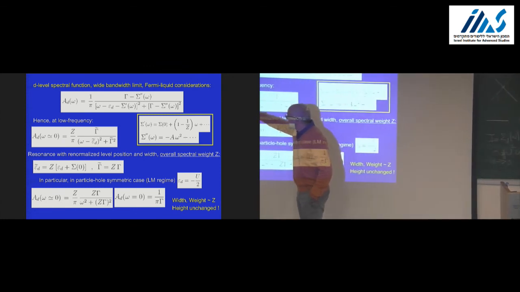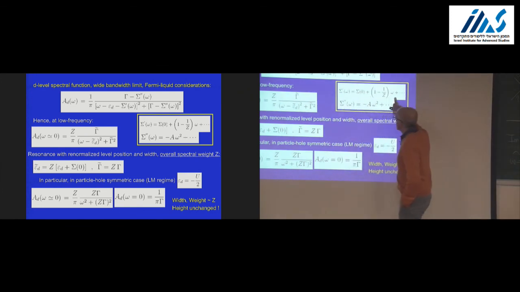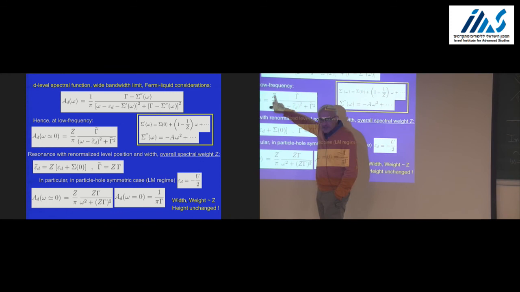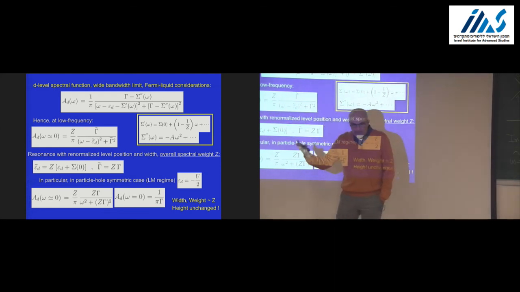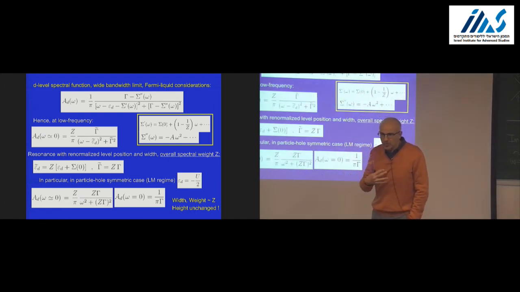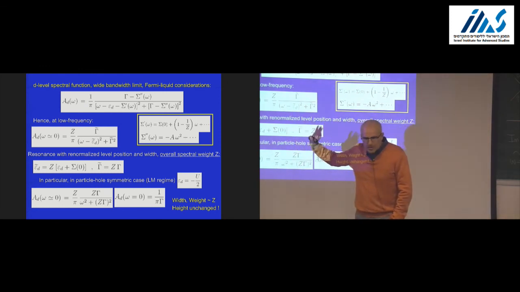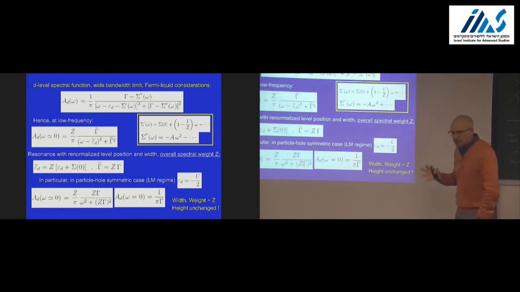So this quantity integrates to z. This is why here I was careful to put 1 minus 1 over z. This is the spectral weight present in the interacting spectral function close to 0 frequency, and it's equal to some number z. That is a microscopic number. We haven't calculated it. We know from perturbation theory that for small u, it's 1 minus something of order u squared. At large u, it's something else, actually very small.